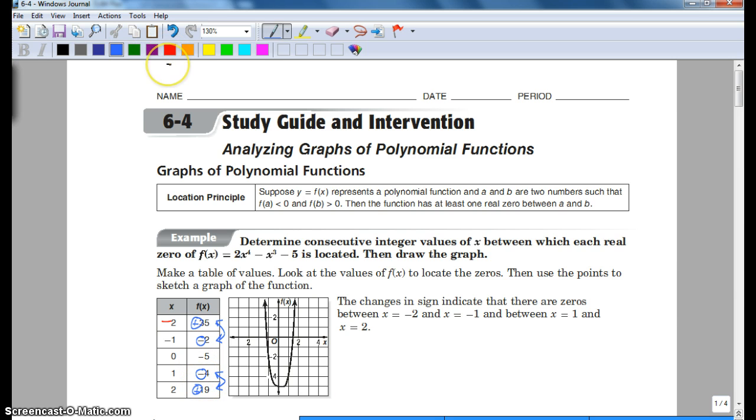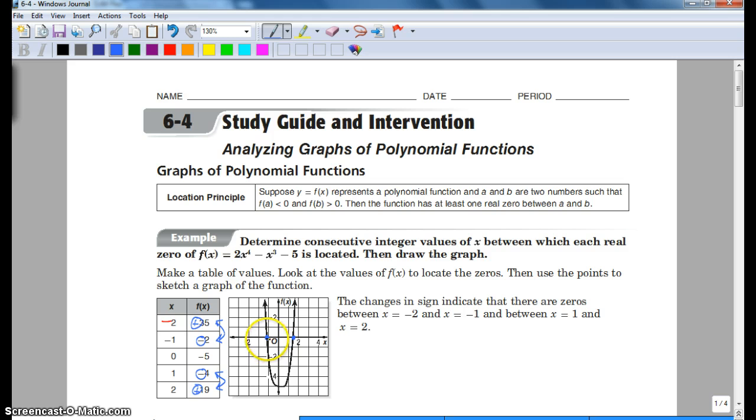In other words, when we look at the graph, we can pinpoint this point and this point as two zeros, or x-intercepts. But as it turns out, because negative 2 gives us a positive value, positive 35, somewhere up here, and because negative 1 gives us a negative value, down here, this point right here, which we don't technically know, we do know that it at least falls between a positive y value and a negative y value.